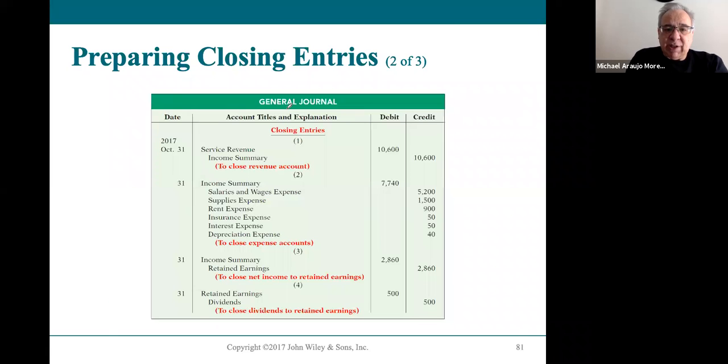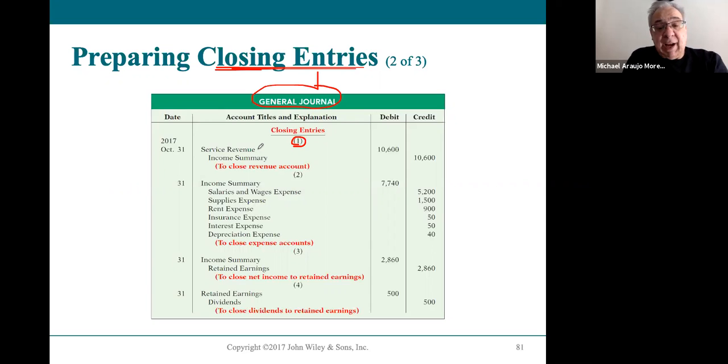This is what it actually looks like in the journal. Anytime you see the word entry, you know it's going in the journal because the journal is the entry point for all accounting to happen. And here's the very first entry that we did. We had to close service revenue to income summary. Service revenue, to close an account, you simply want a zero balance.